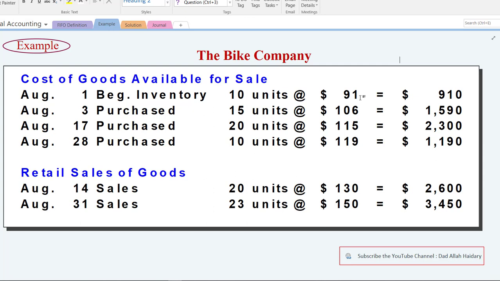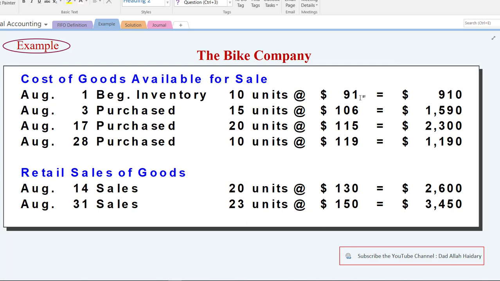On August 3rd, the Bike Company purchased 15 units at the cost of 106, which is equal to 1590. On August 17, again there is a purchase of 20 units at the cost of 115 USD, which is equal to 2300 USD.